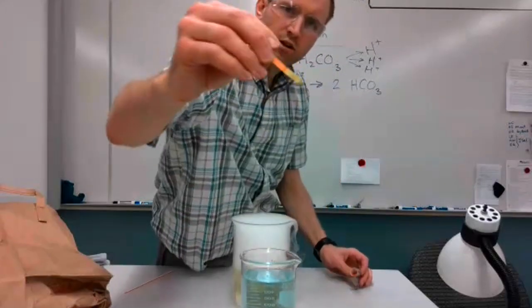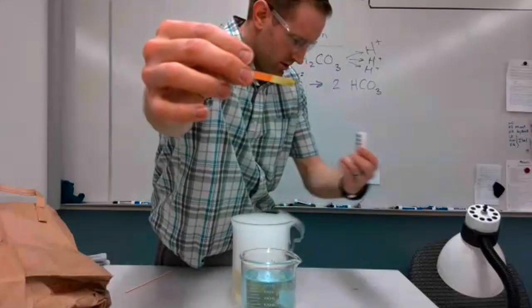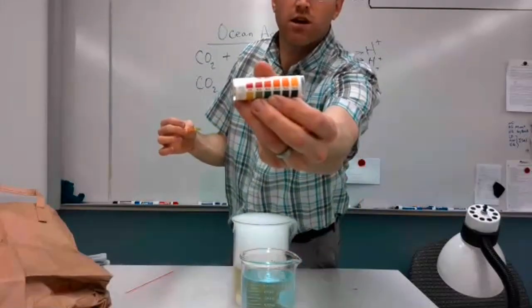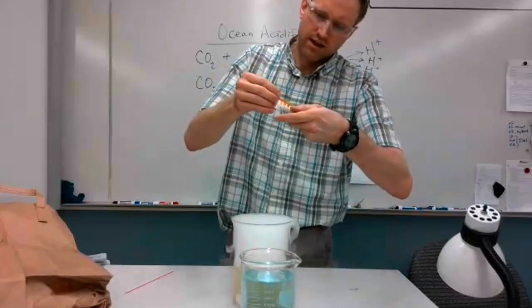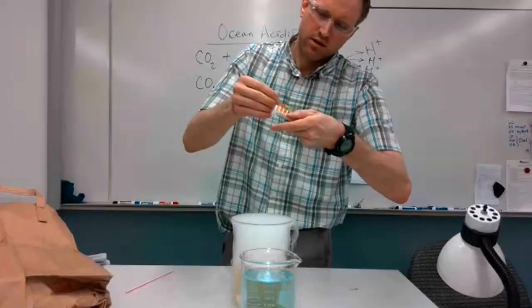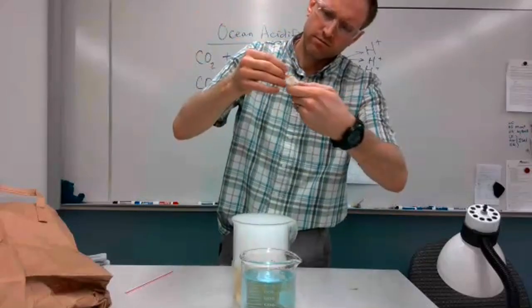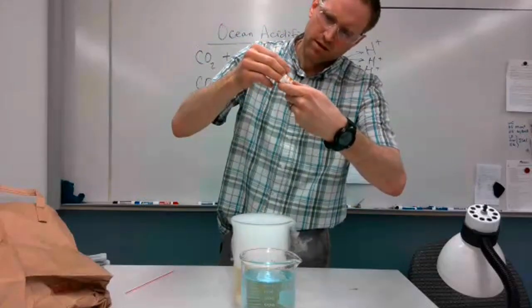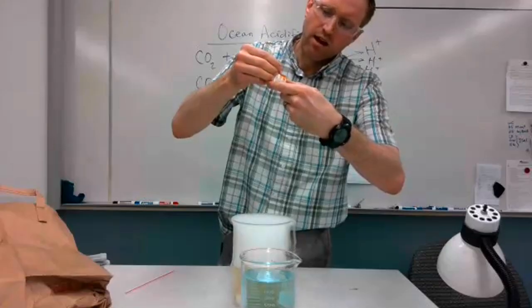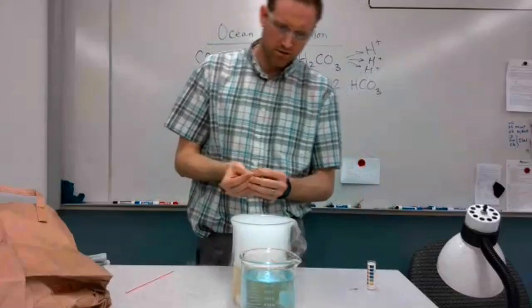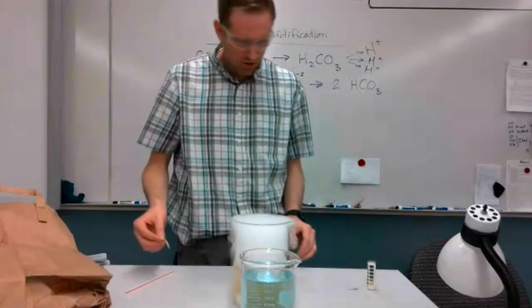And I'm getting kind of a green color on that one. So I match it up here with my color chart, and it looks like a pH of about 8. Maybe 7, 7.5. It seems like it's gone back a little bit blue.